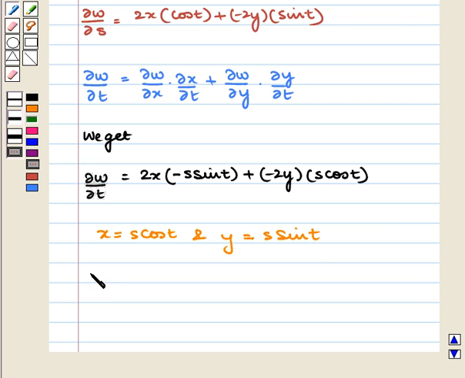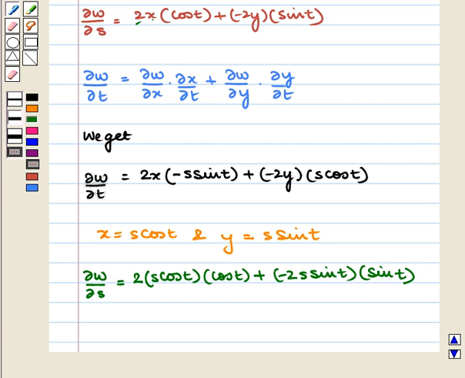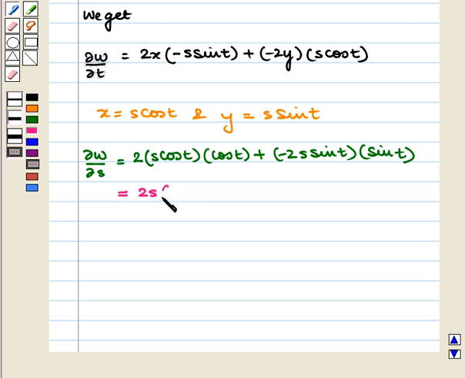We get del w by del s is equal to 2 into s cos t into cos t plus minus 2 into s sin t into sin t, which is equal to 2s into cos square t minus sin square t, that is equal to 2s cos 2t, as cos square t minus sin square t is equal to cos 2t.